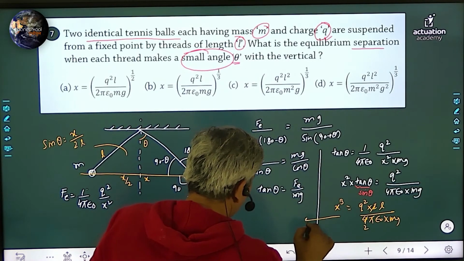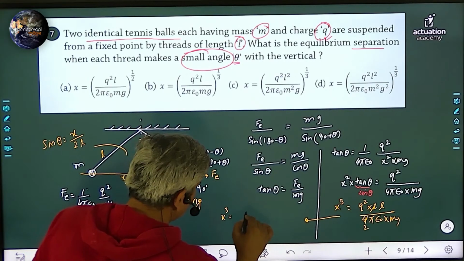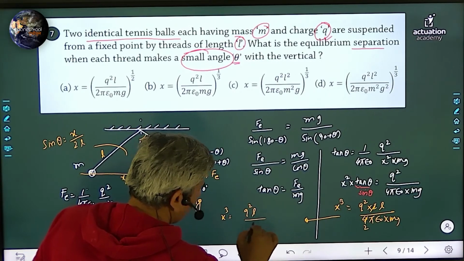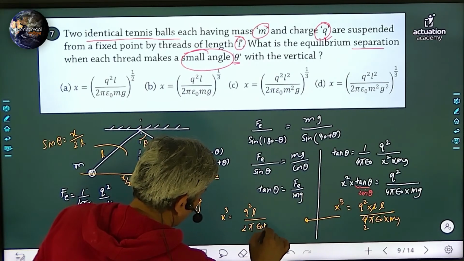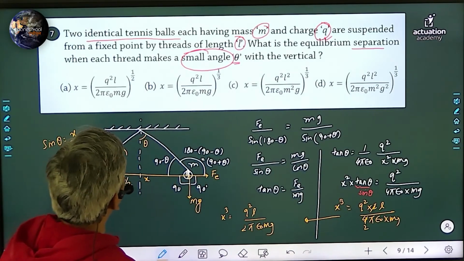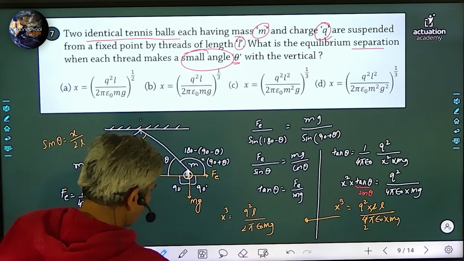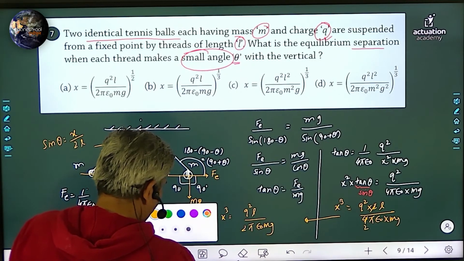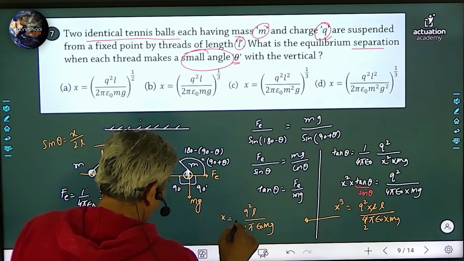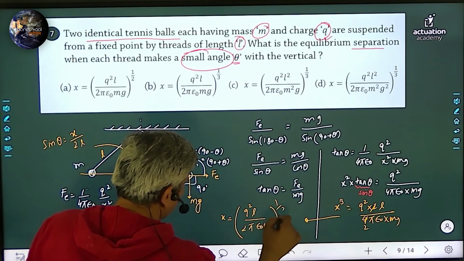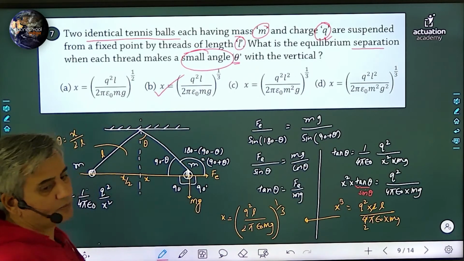So this will give me x cube is equal to q square L divided by 2 pi epsilon naught mg. And now taking the cube root, we will get x proportional to L to the power 1 by 3. So B is the right answer.